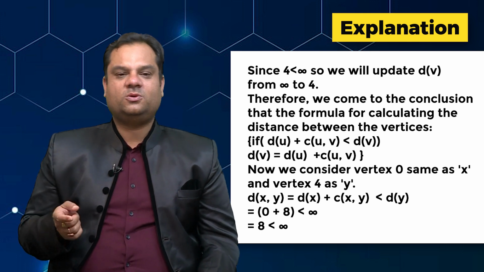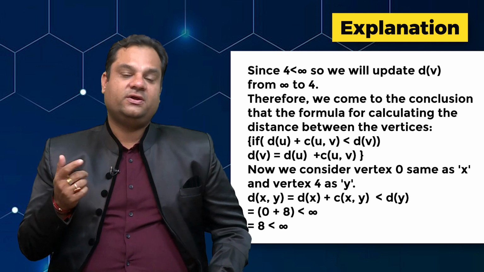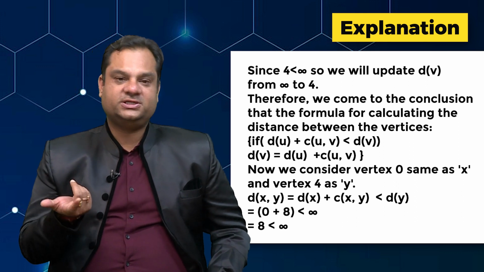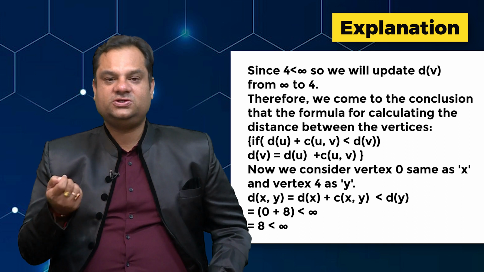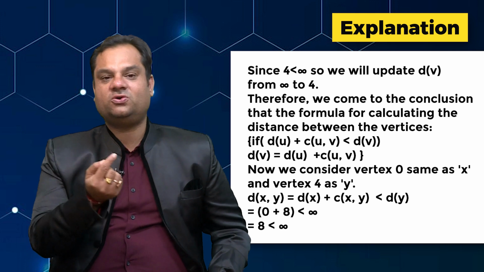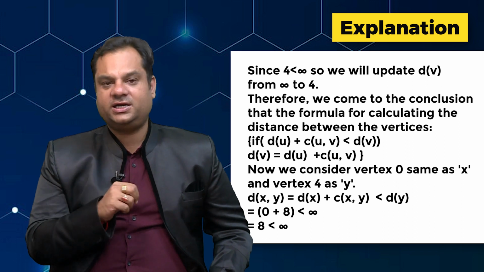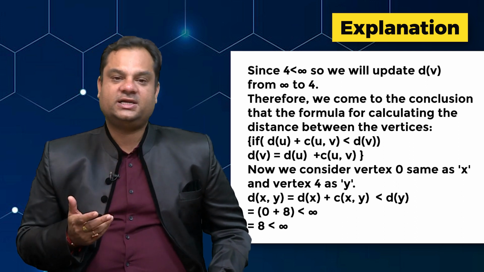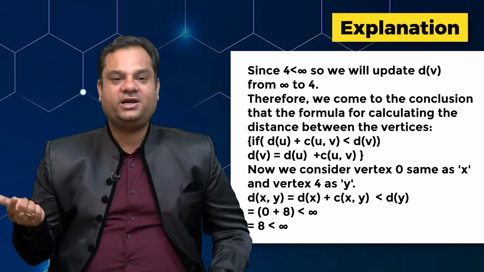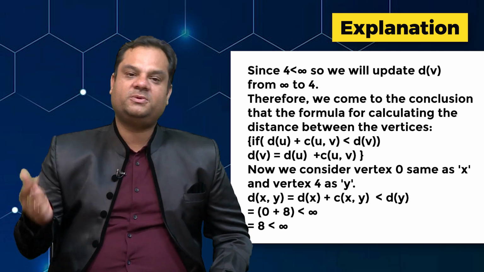Now again we take the same formula, d of x y equal to d of x plus c of x y, and cross-check whether it is less than d of y or not. The value of d of x is initially 0, plus c of x y, where x is 0 and y is 4, so the weight between 0 and 4 is 8. Putting c of x y as 8, 0 plus 8 is 8, which is less than d of y, already given as infinity. The new value 8 is less than infinity, so we replace the old value by the new value.